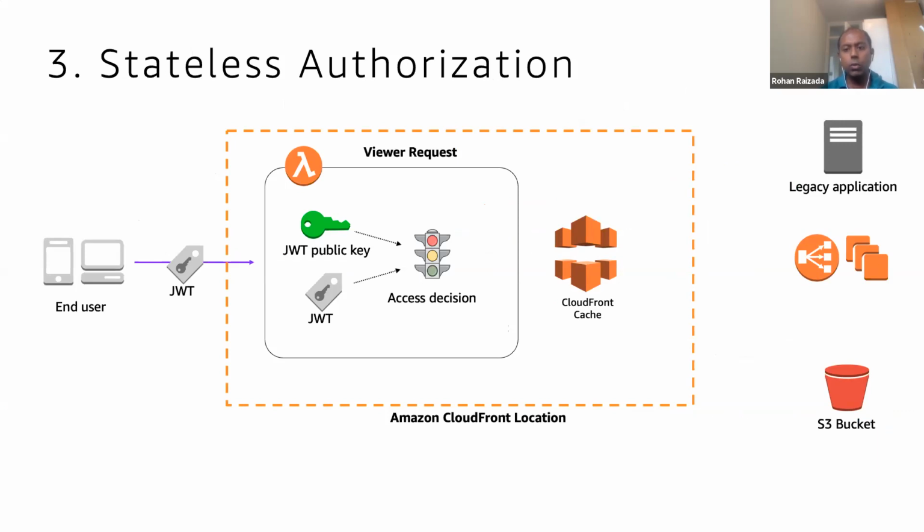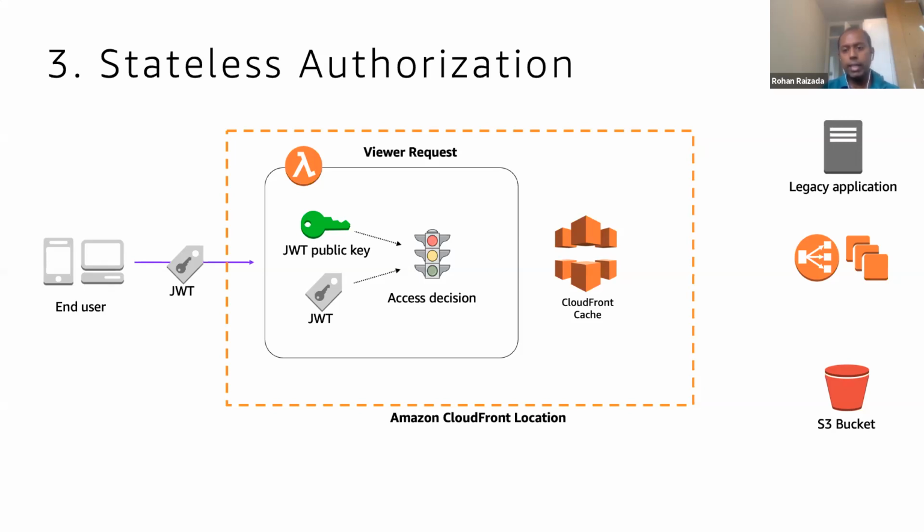If it's a valid user, you allow the request to continue in its path. If it's not a valid user, you can immediately generate a response from your Lambda Edge function. You could send access denied, or you could redirect the user to an authentication page.